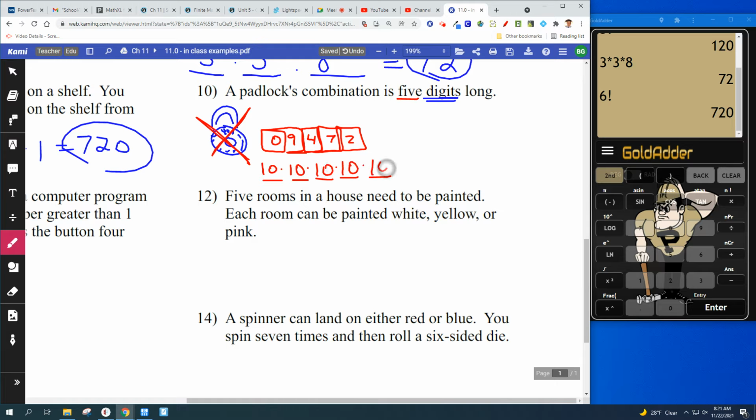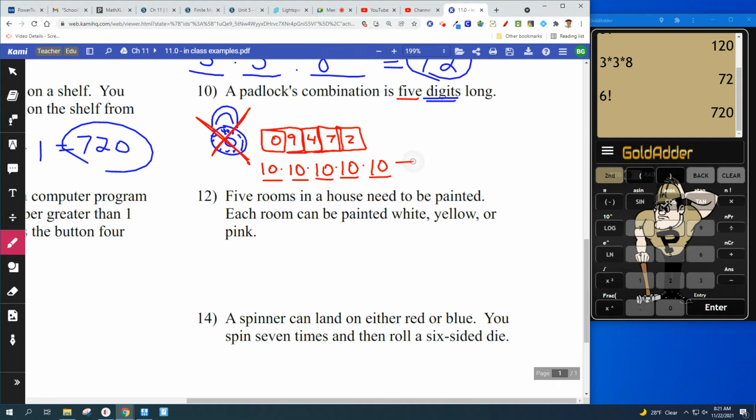Why is this 10, 10, 10, 10, 10? The question is, can I use the same number twice? Sometimes a problem will say you can't use the same number twice. They'll say no repeats. But this one, there's no reason why we can't use the same number. I could be 5, 5, 5, 5, 5 if I wanted to, or 7, 7, 7, 7, 7.